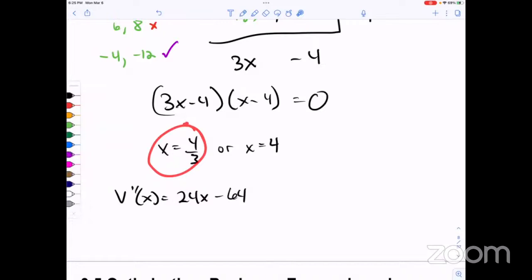When we plug 4 into the second derivative, what is that? 96 is going to be positive, which means it's concave up, which means this is the minimum value, right? Minimum. We want a max, so that occurs when x is 4/3 inches.